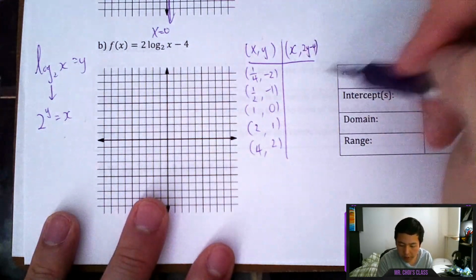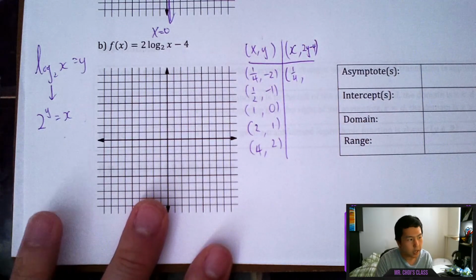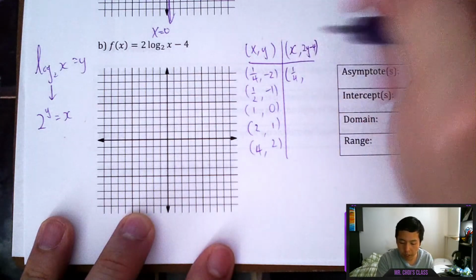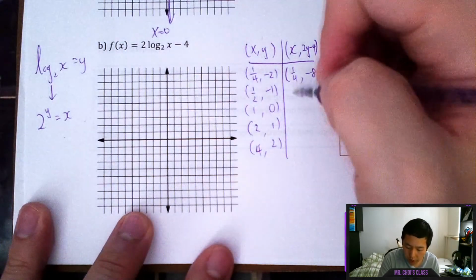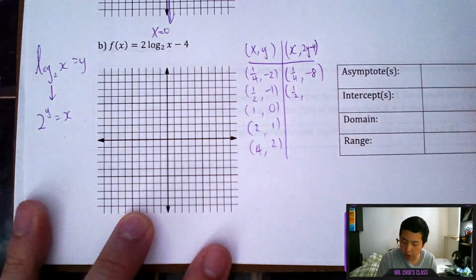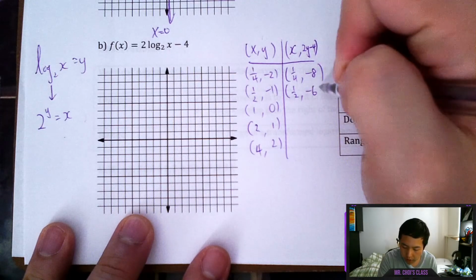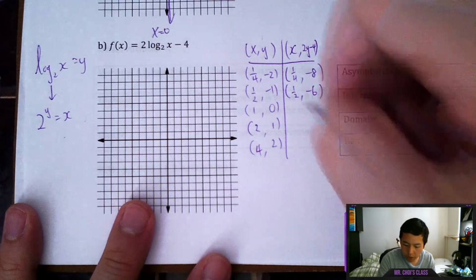So once we have that written out, we can now apply those changes. The x value is going to stay. And then we're going to do -2 times 2 is -4, minus 4 is -8. Then we continue onwards. The x value will stay. -1 times 2 is -2, minus 4 is -6. And I think you're going to understand where this is going.